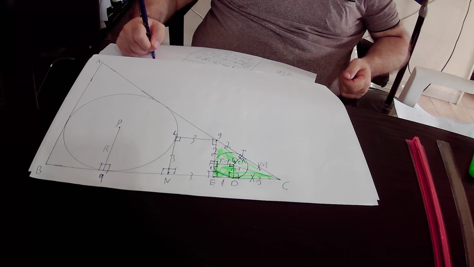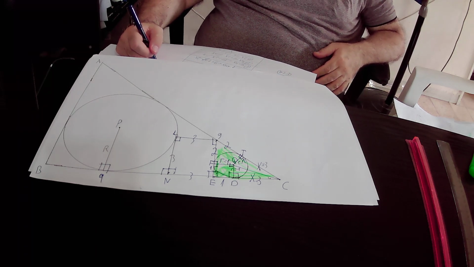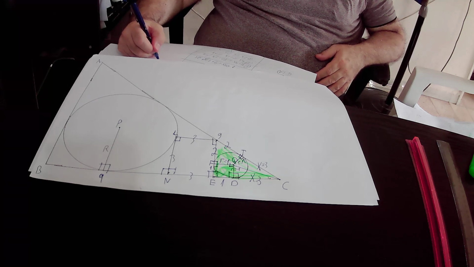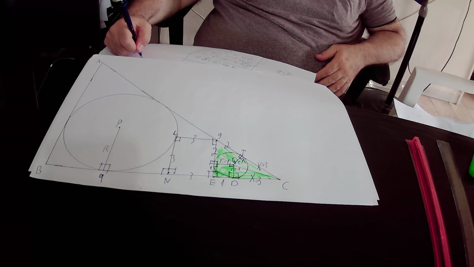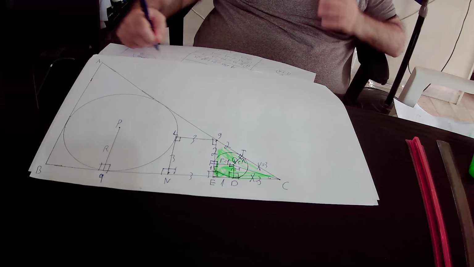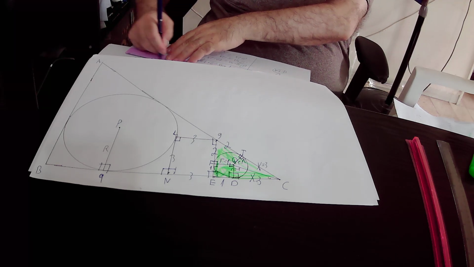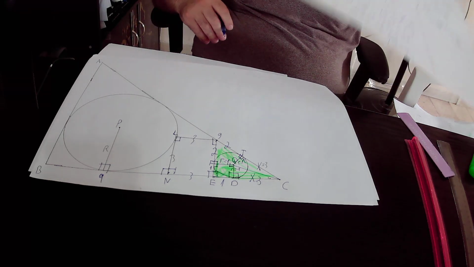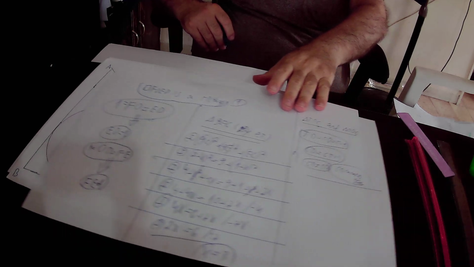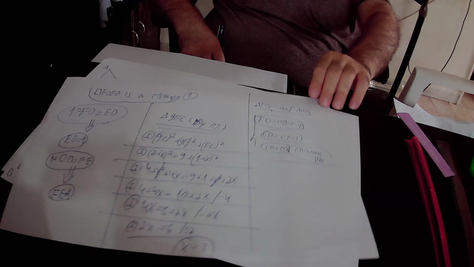And finally, CO is a common side that belongs to both triangles, so CO equals itself. So we actually found out that the two small green right triangles are congruent to each other according to the side rule.